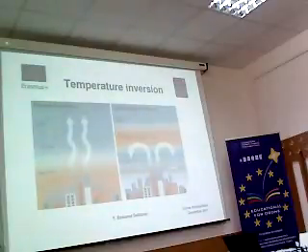So when the temperature inversion happens, the pressure also changes, and we will have some kind of wind flows.